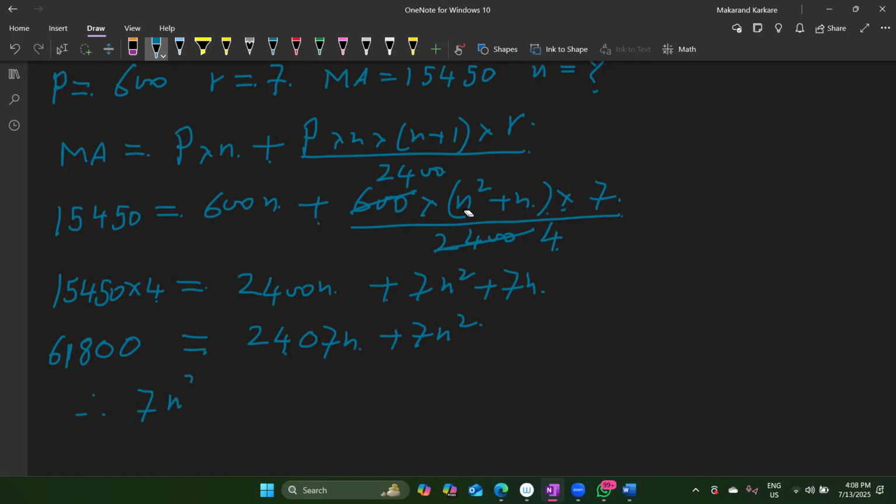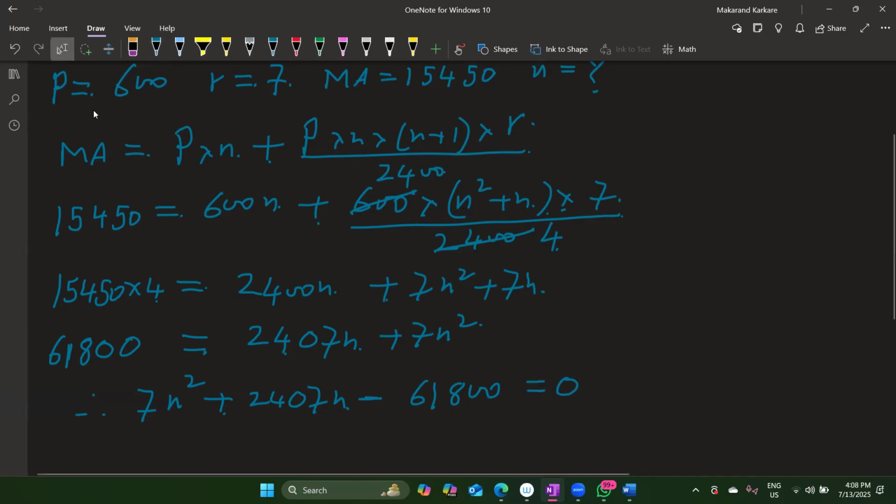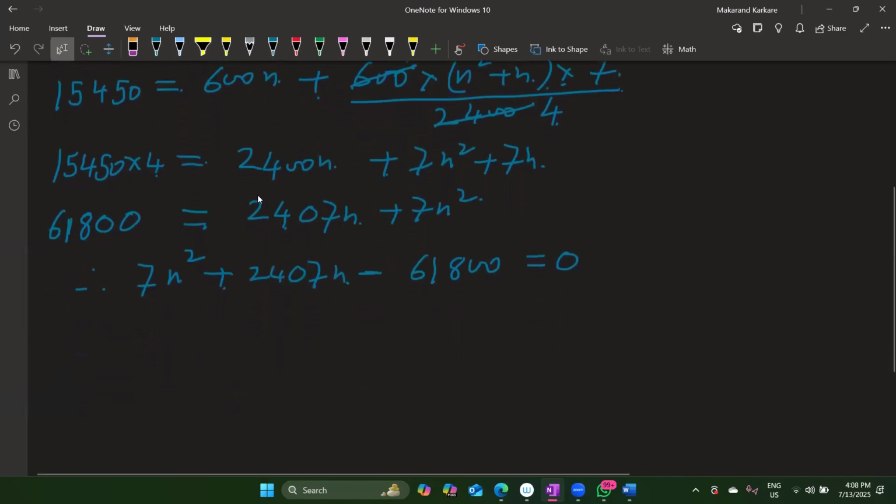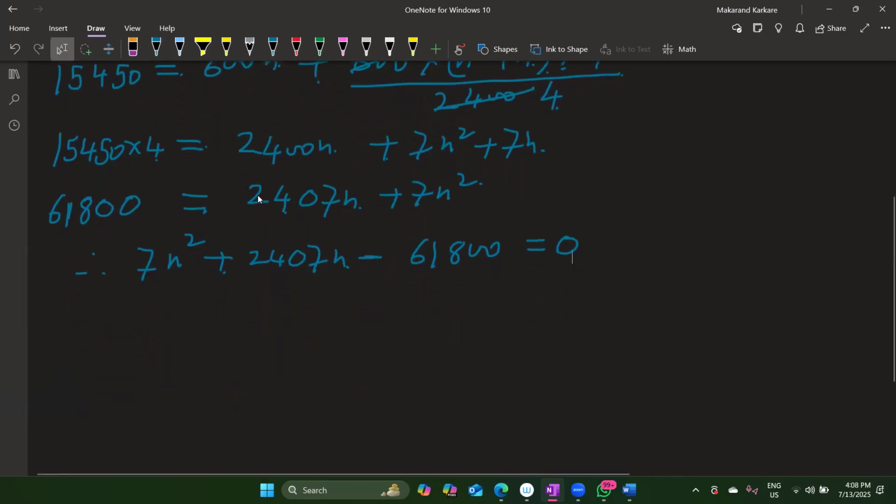Therefore 7N squared plus 2407 N minus 61,800 equals zero. Okay, so we have to factorize 7 into 61,800.